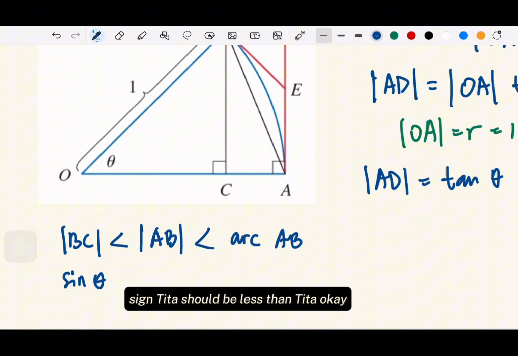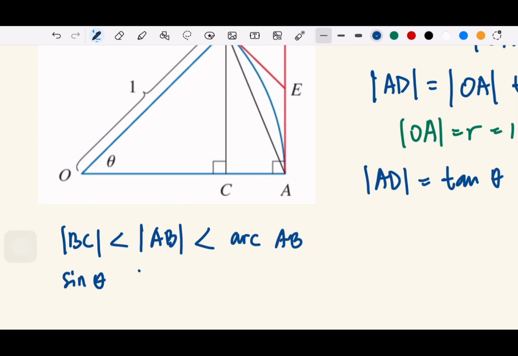So sine theta should be less than theta.